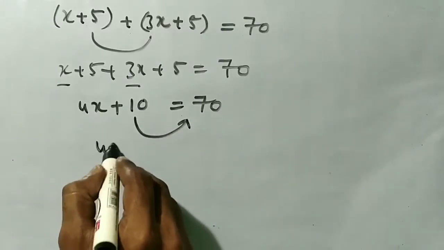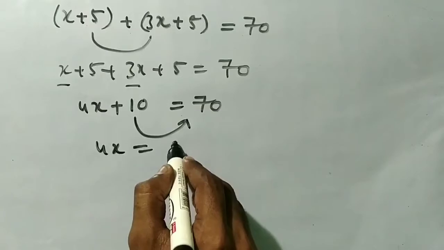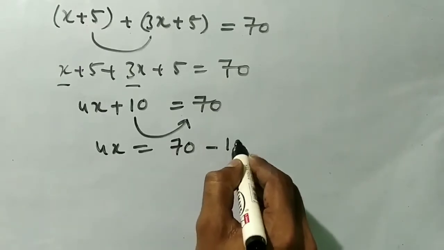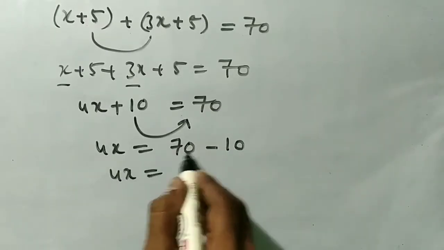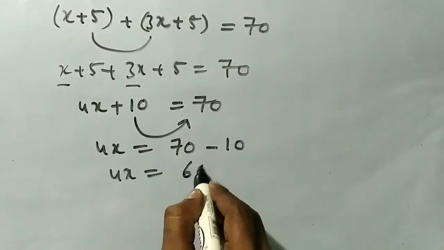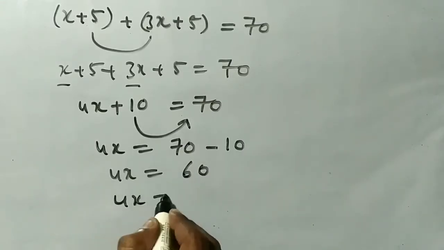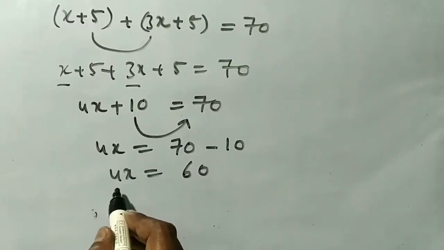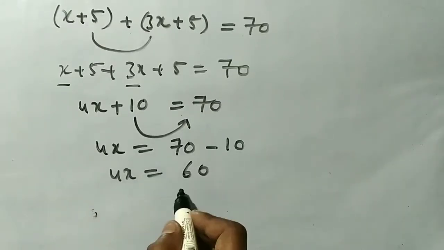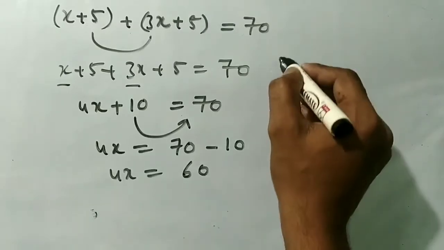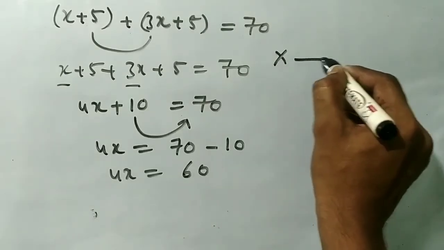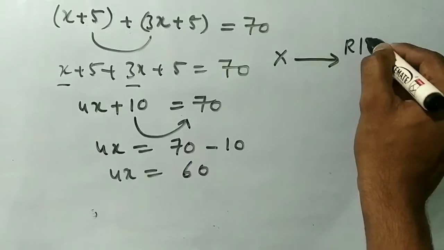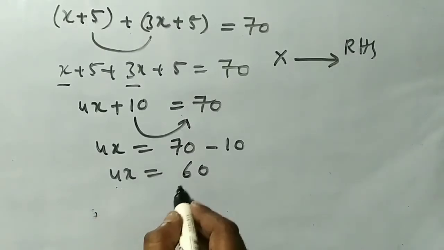So 4x is equal to 70 minus 10, that is 60. So 4x is equal to 60. Here 4 is multiplying with x. When 4 goes to the RHS, it becomes division. We know already that multiplication becomes division when it goes to the RHS.